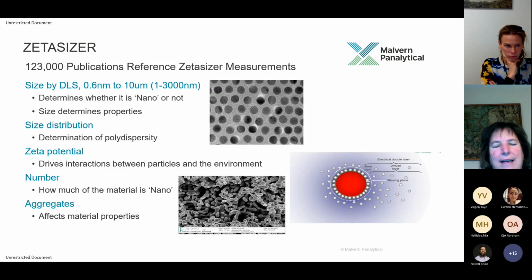And like I said, there are definitely products where knowing whether there are aggregates is absolutely critical to the product. Things like vaccines and drug delivery. Aggregates can be a deadly event in a drug delivery system. So that's where the Zetasizer and dynamic light scattering really shine.